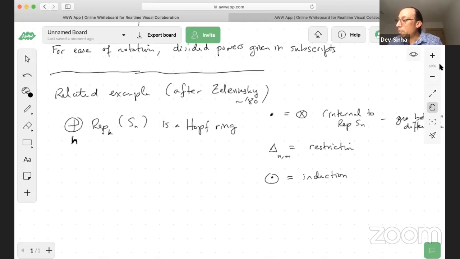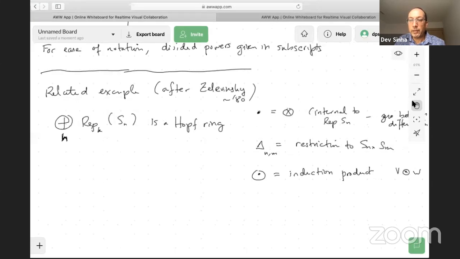because what you do is you take some V and W. I'm going to look at their, let me do this below. I'm going to take their external tensor product, and I'm going to induce up from, this is naturally a representation of S_n cross S_m.